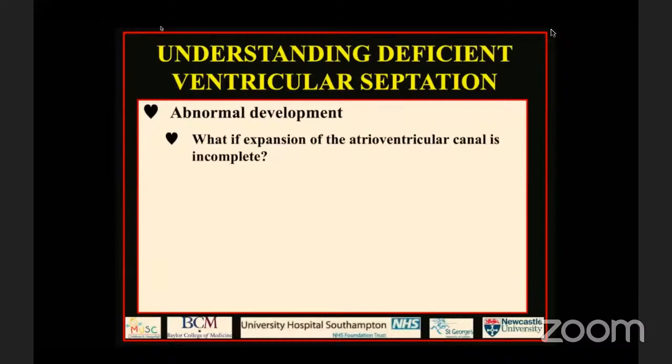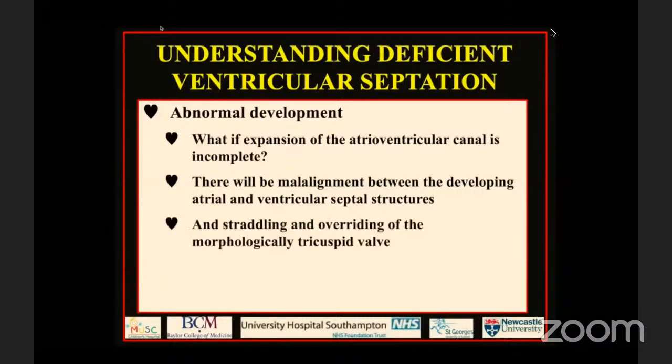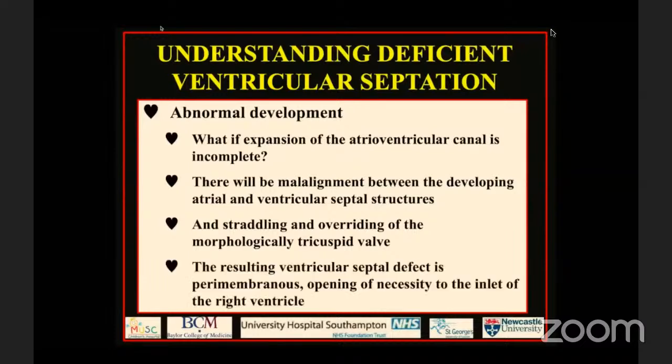Now that leads us to another key lesion that we're going to look at, and it leads us to the concept of malalignment. Because if the atrioventricular canal does not expand properly, there will be malalignment between the ventricular septum and the developing atrial septum. And that is what we see when we have straddling and overriding of the morphologically tricuspid valve.